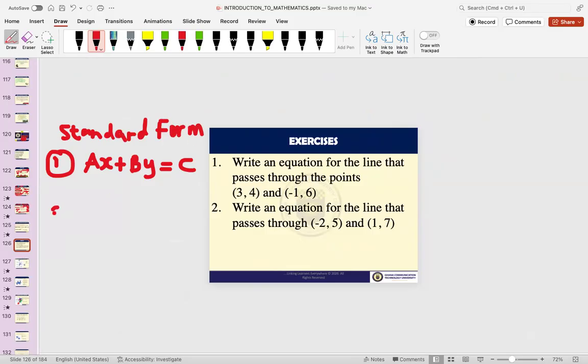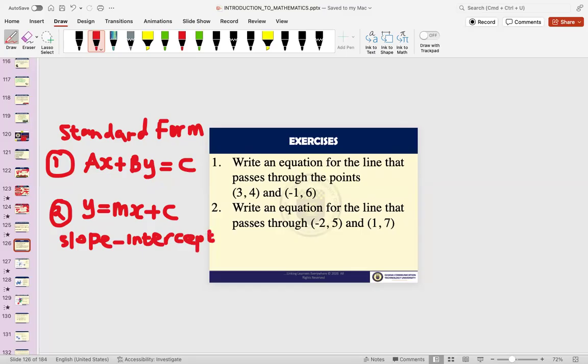Then the second one we wrote today, which was y is equal to mx plus c, which we also name as slope intercept form.